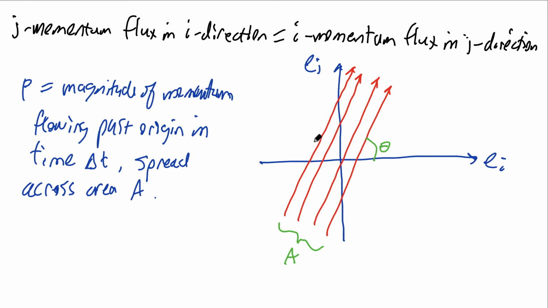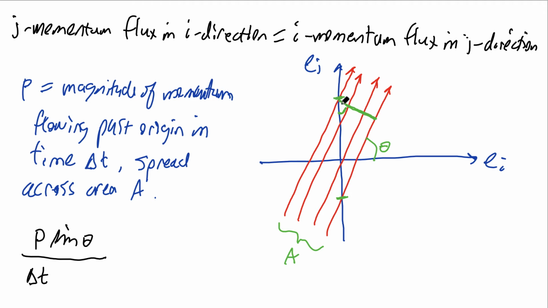So the j momentum flux, if p is the total momentum, the jth component is just p times sine of theta. And this is a flux, so it's per unit time, and per unit area, the area of the surface that's perpendicular to the I direction. So that's the area from here to here. And now let me draw a triangle cutting across these momentum vectors this way. We have a triangle whose hypotenuse is the area we're looking for, and this is the angle theta.